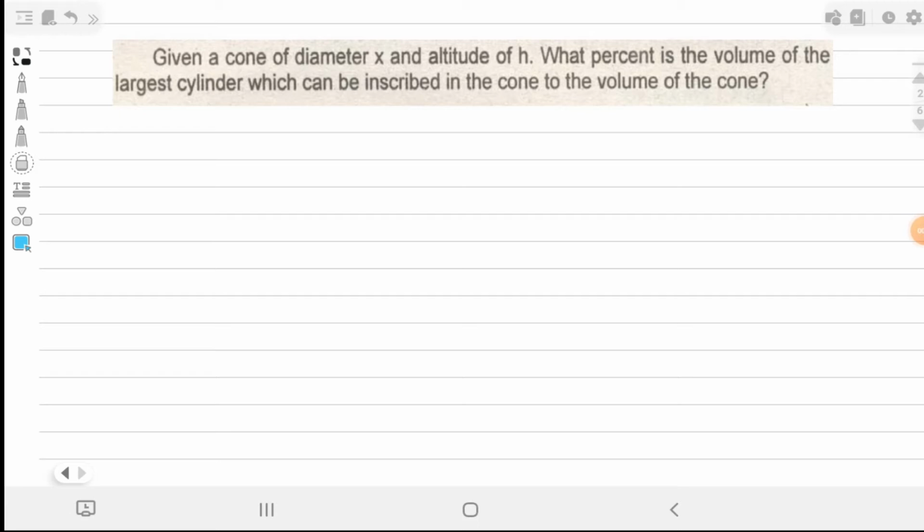Okay, so let's do this problem. Given a cone of diameter x and an altitude of h, what percent is the volume of the largest cylinder which can be inscribed in the cone to the volume of the cone?